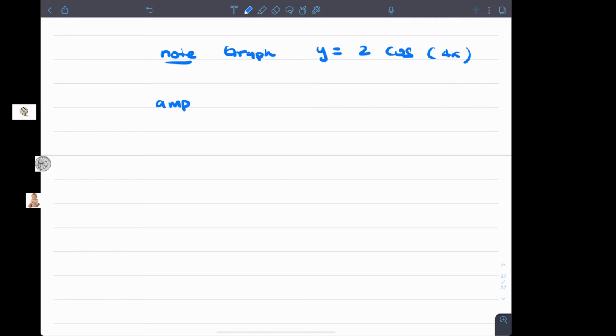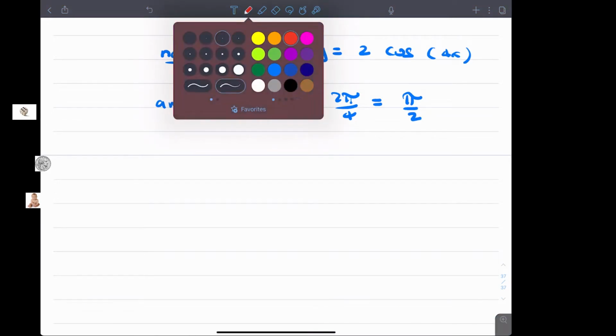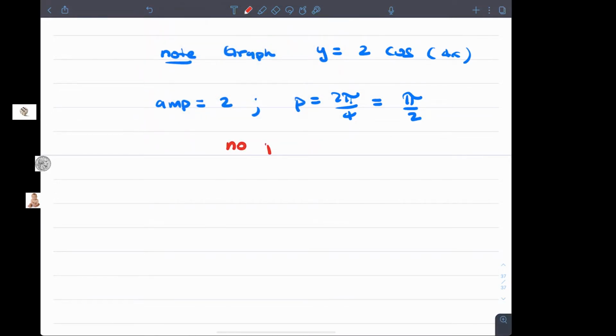What's your amplitude? 2. Good. What's your period? 2 pi over 4, which is pi over what? 2. Is that right? What's your phase shift? No what?